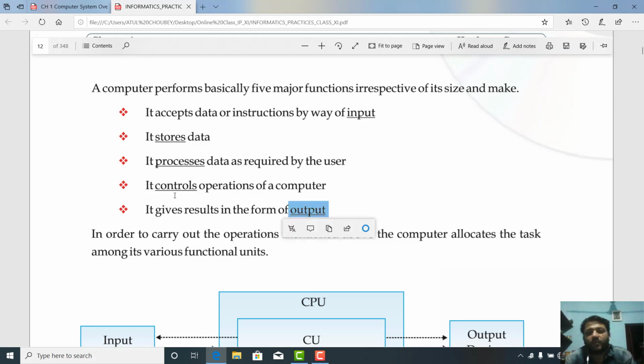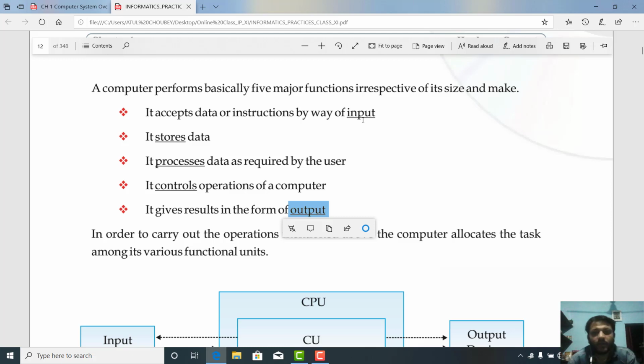So basically our computer performs these 5 major functions. So first you note down: it accepts data or instructions by way of input.